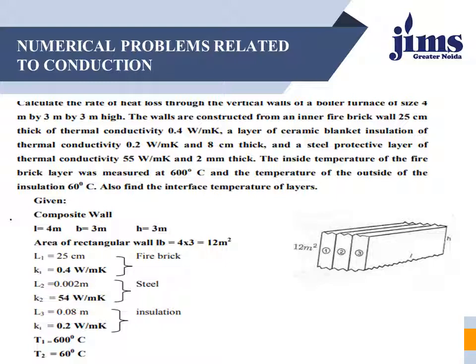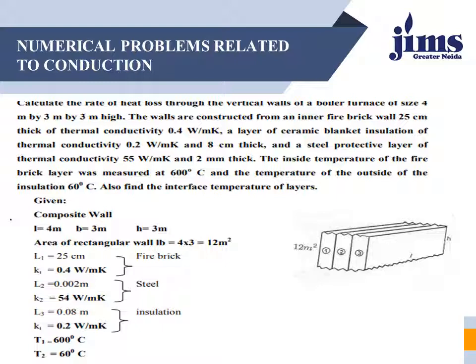In case of the steel wall, the thickness is 0.02 meter, and the conductivity of the steel wall is 54 watt per meter Kelvin. The last layer is the insulation, having a thickness of 0.08 meter and conductivity 0.2 watt per meter Kelvin. These are the given data.